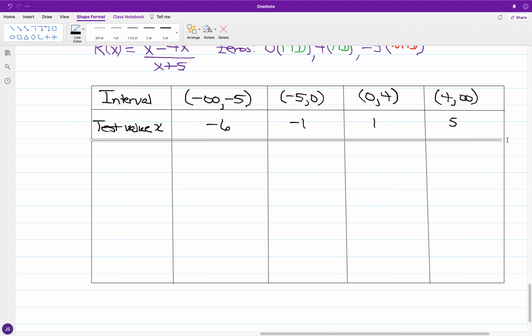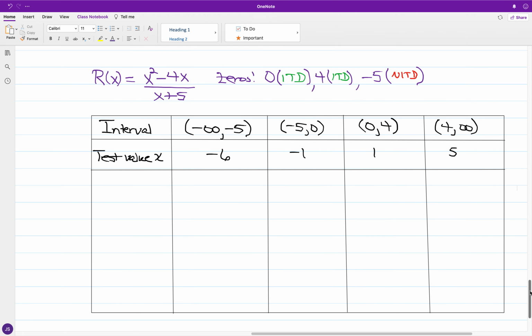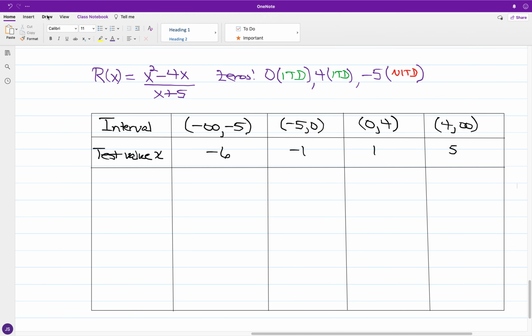And for the function, once again, we have r of x equal to x squared minus 4x over x plus 5.